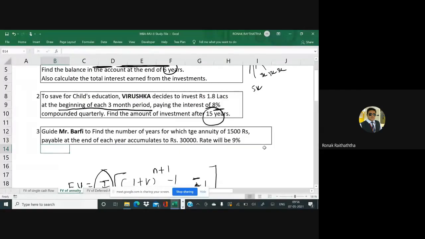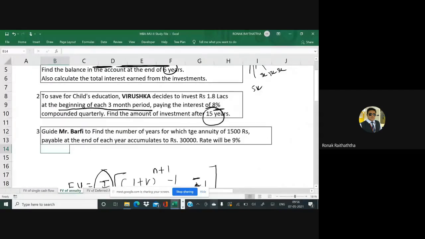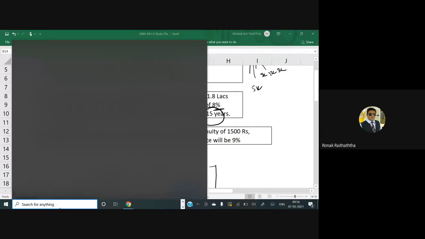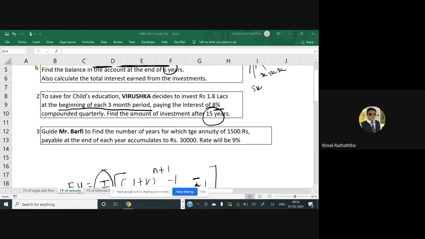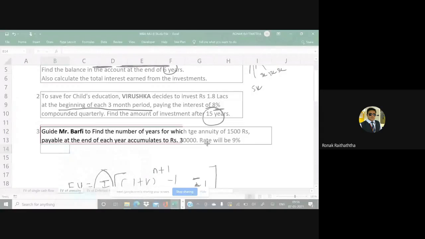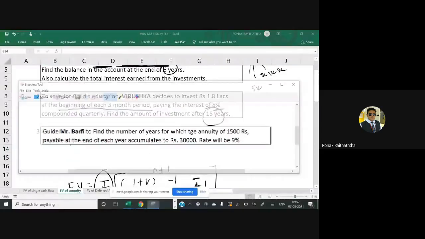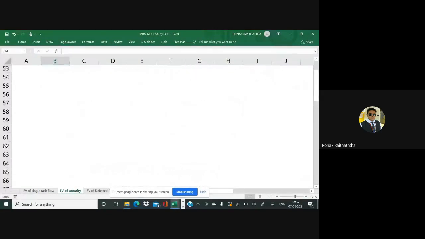So it's an ordinary annuity, right? So let me just write the formula of it first of all. Let me take it somewhere in an empty space. The biggest problem I have here is that there is a space management issue, because this entire worksheet is already too loaded.